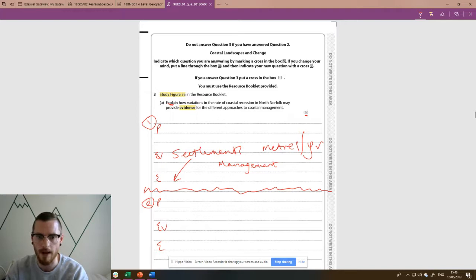So I would be linking back to this idea of why there are different approaches to coastal management. You need to make sure you're linking back at the end of your developed points to the language of the question. Make sure that your points link directly to the language of the question.